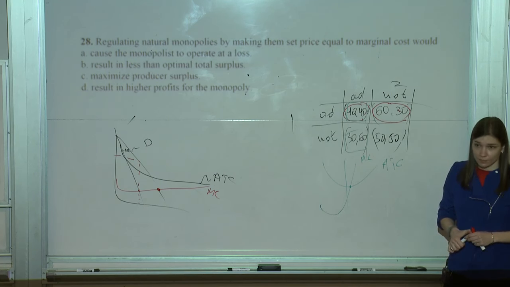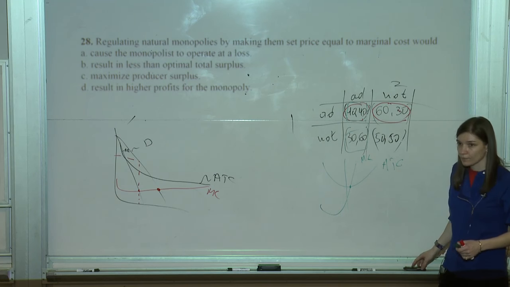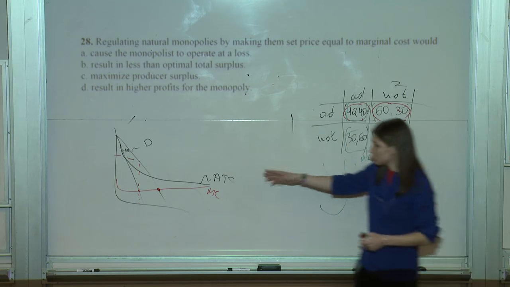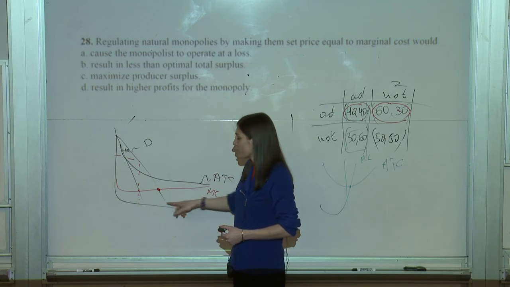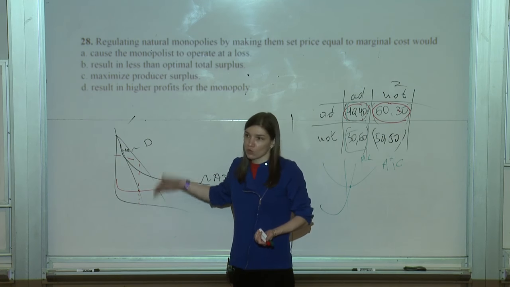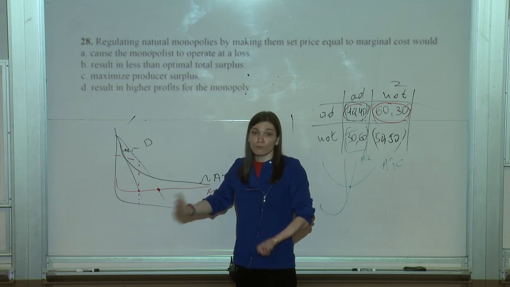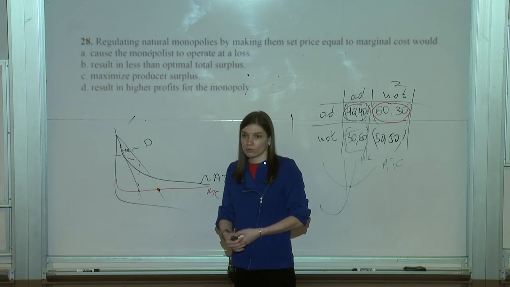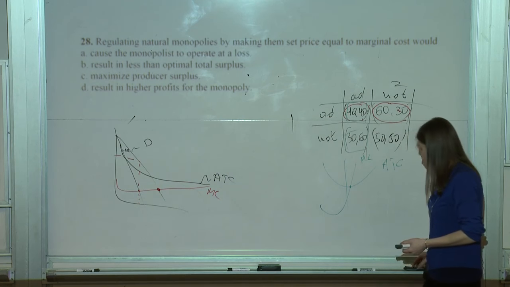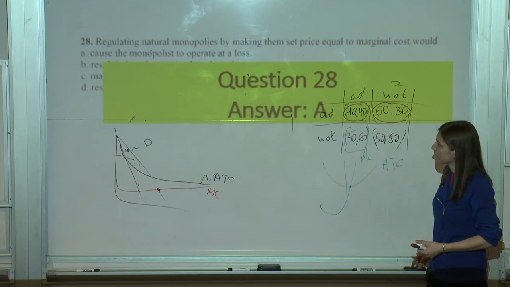Does that make sense? If you set the price equal to marginal cost and it's lower than the average total cost, then they're operating at a loss. Because the government is forcing the monopolist to set the price equal to marginal cost, and marginal cost is always lower than average total cost, therefore price is lower than average total cost. Okay? Therefore, loss. A.